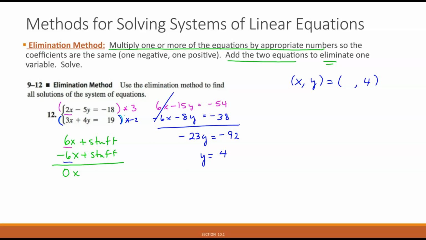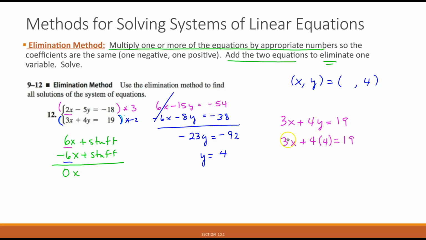Okay, so let's try to find x. It doesn't matter which equation we choose. You can choose either one. I'm going to choose the second one just out of randomness. We have 3x plus 4y, equal to 19.